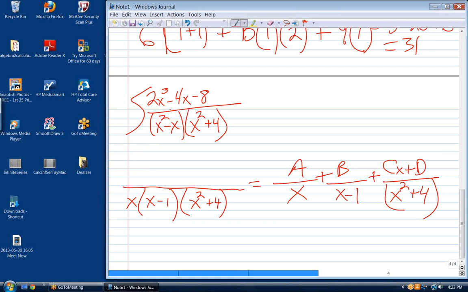And I still have my same numerator. So now when I want to write my equation starting on the right side, I would need to multiply A times x minus 1 times x squared plus 4, and then add it to B. What do I need to multiply the B by? x times x squared plus 4?